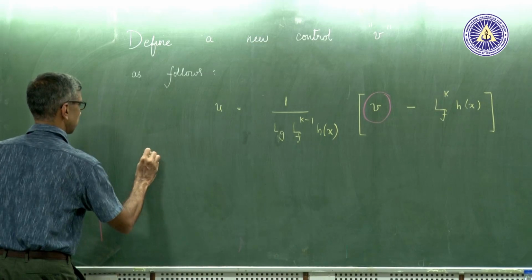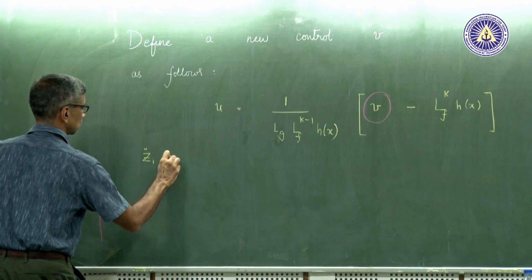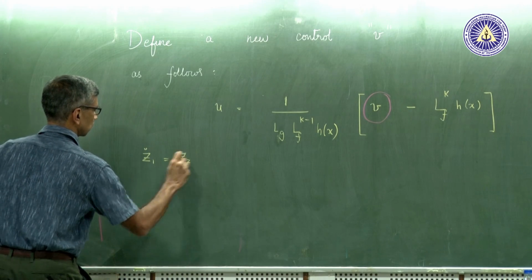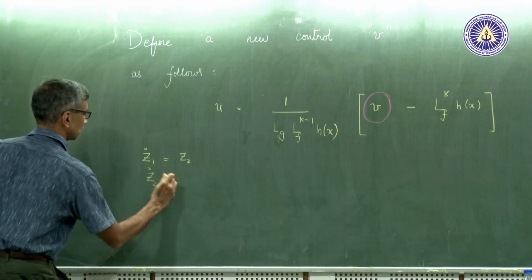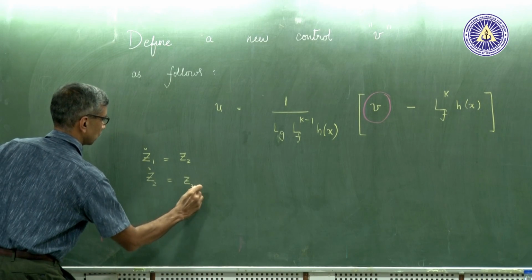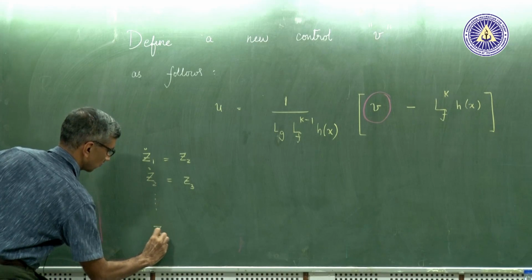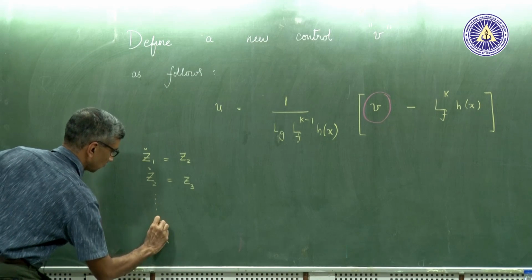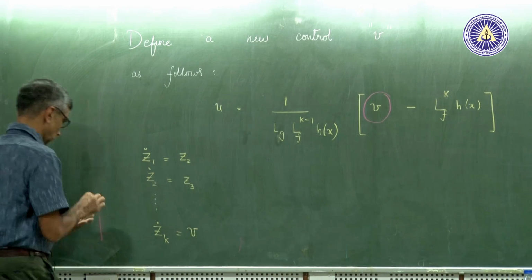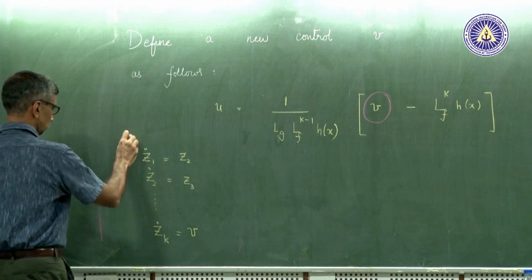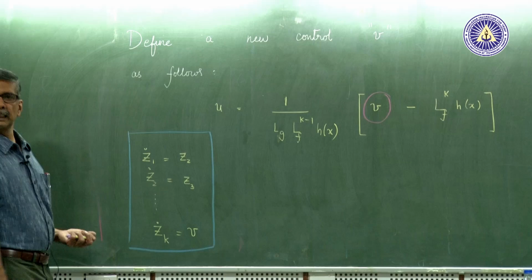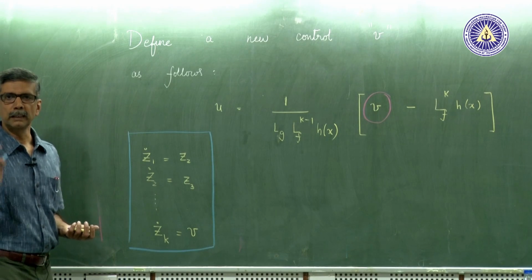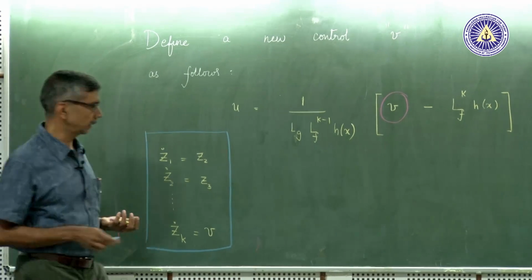All right, so then I get, do you all agree that this is a linear system? A linear system of order k, right?